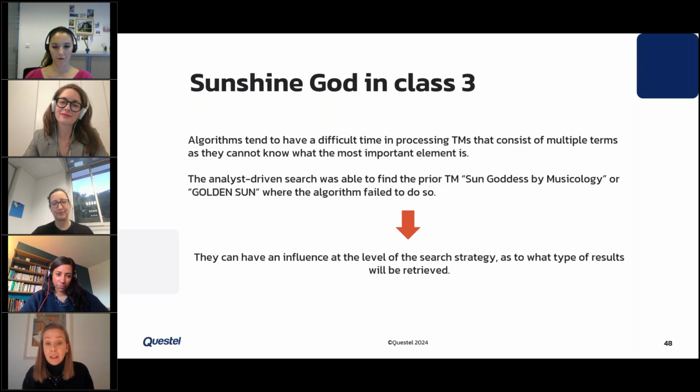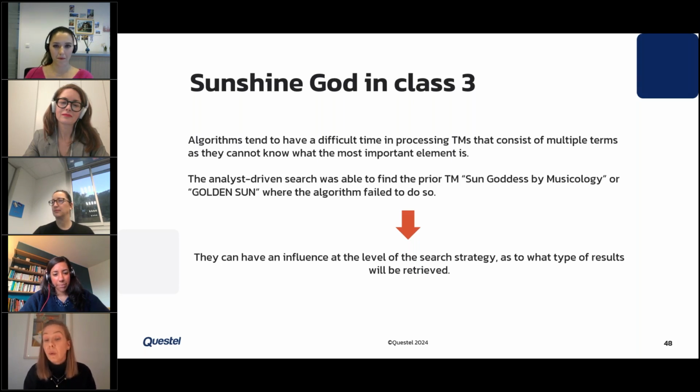And so the analyst search for Sunshine God was able to find Sun Goddess by Musicology, or Golden Sun, which the algorithm didn't pick up on for whatever reasons, but we were able to basically add queries to that to get that type of result.